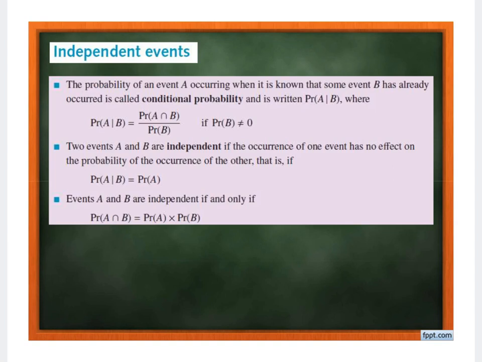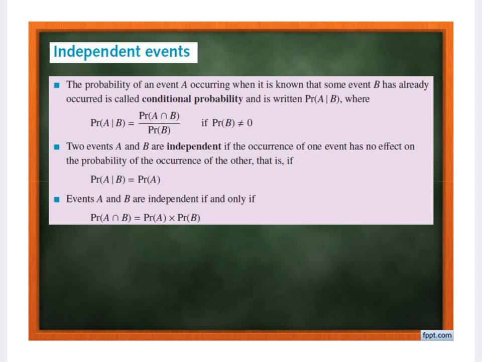The probability of an event A occurring when it is known that some event B has already occurred is called conditional probability, and is written probability of A given B, where probability of A given B equals probability of A intersect B over probability of B, if probability of B is not equal to 0.